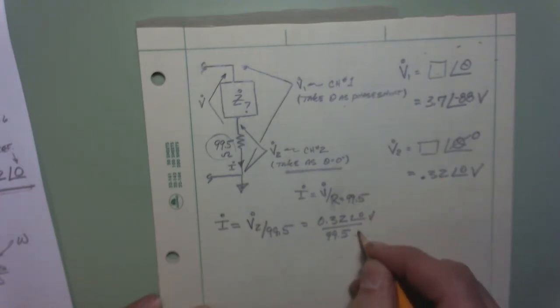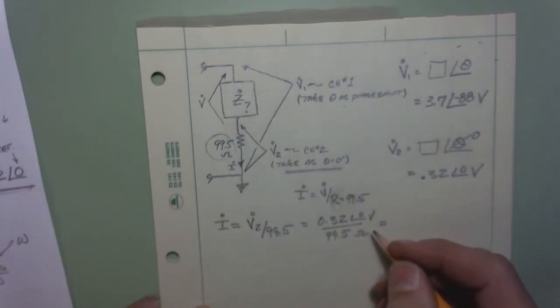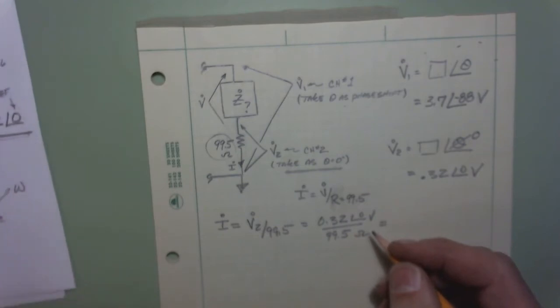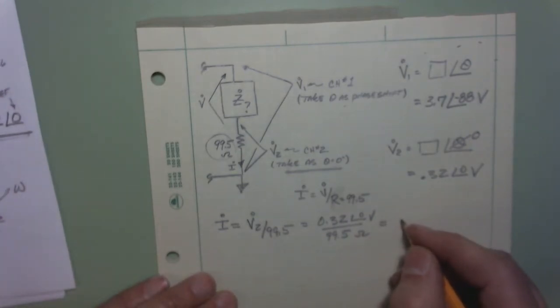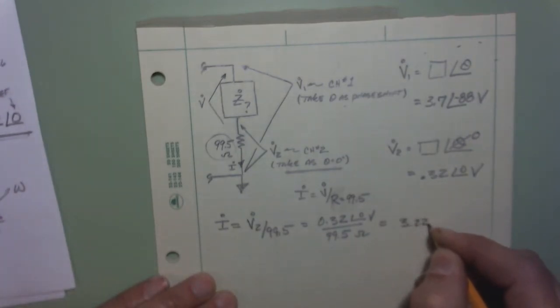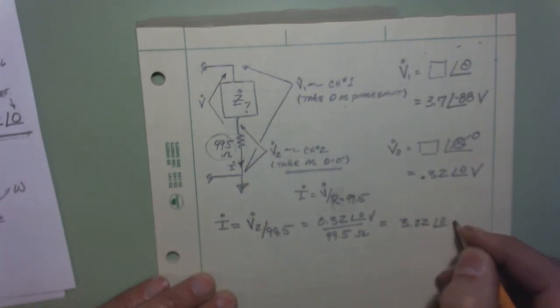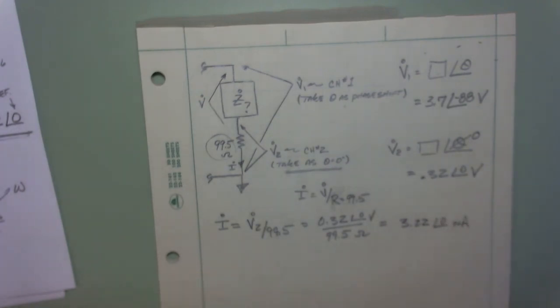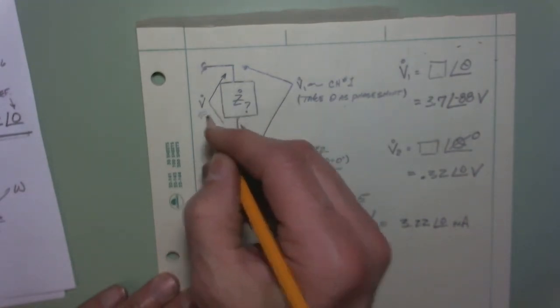That's volts, that's ohms. So when we go through this, we should come up with 3.22 at 0, and that will be milliamps. So I multiplied by 1,000 there because this is going to get to be a pretty small number to get the milliamps.